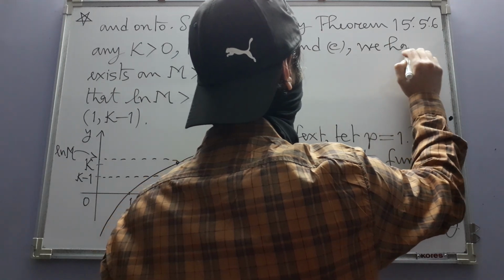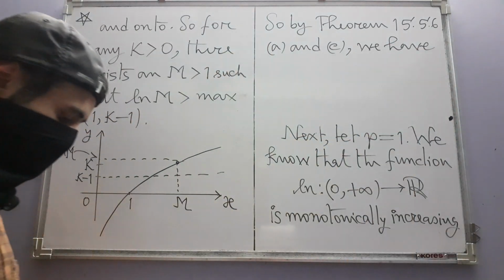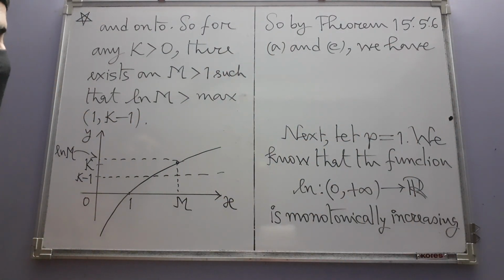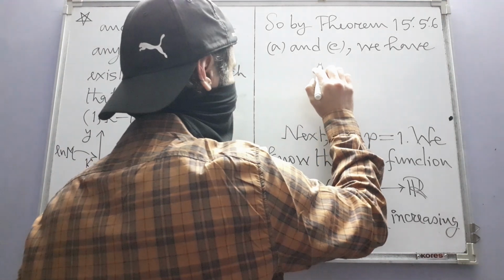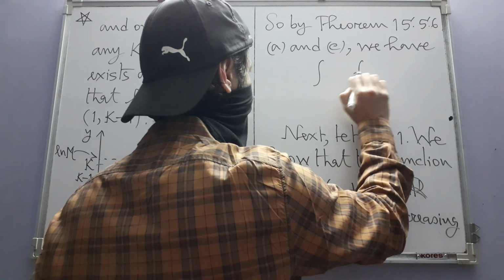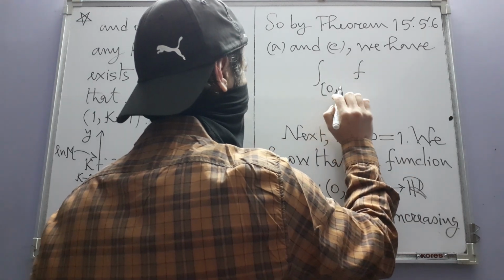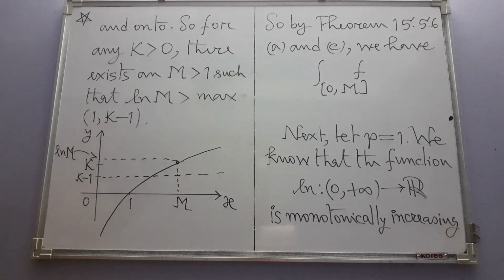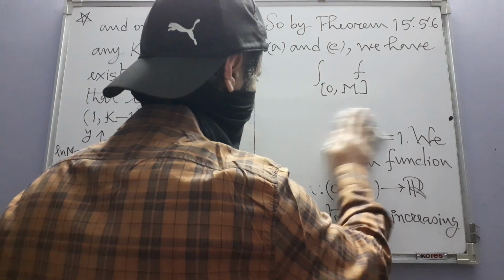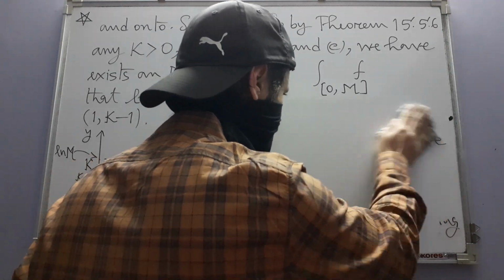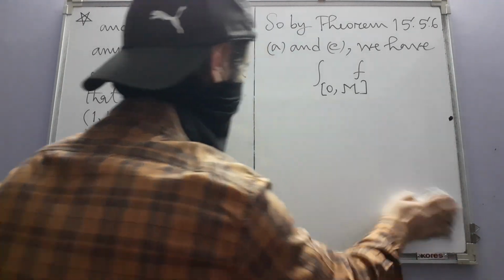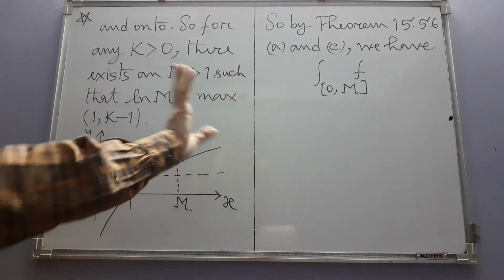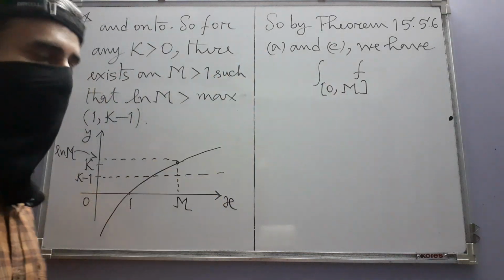So the thing we are now going to consider is the integral of f over the interval 0, m. So far we do not see any logarithm here, f is our f.